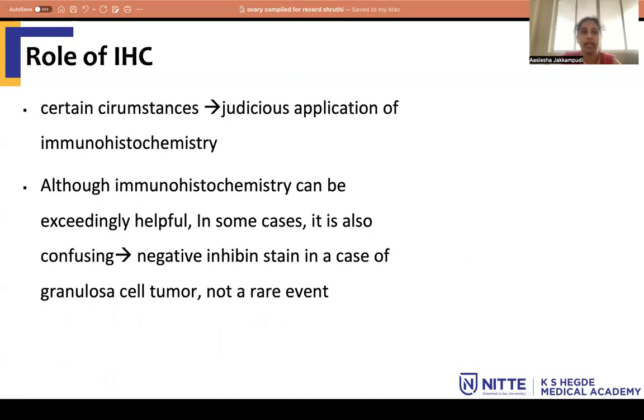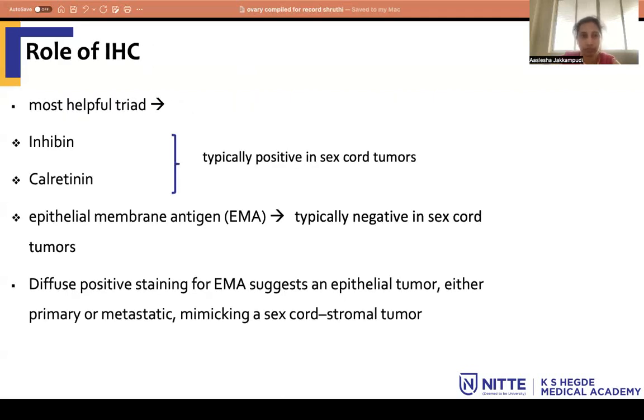And in certain circumstances, IHC will be of very much use. But although it is helpful in diagnosis, in some cases it can be confusing also. For example, a few granulosa cell tumors can show negativity for inhibin IHC. The most helpful triad in IHC is inhibin and calretinin, which most of these tumors are typically positive for, whereas epithelial membrane antigen is a negative marker.